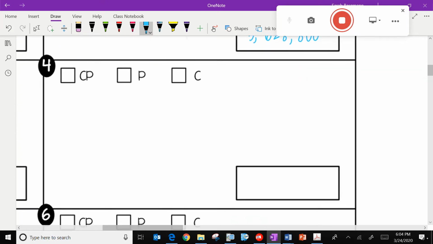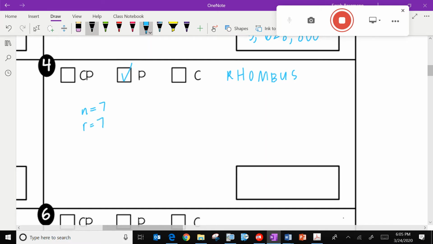Number 4, how many different 4-letter arrangements can be made using the letters in the word rhombus? For this one, we're talking about ordering the letters, so it's a permutation since order matters. There are 7 letters in this word, and we want to put all 7... we're not putting all 7 of them in order.